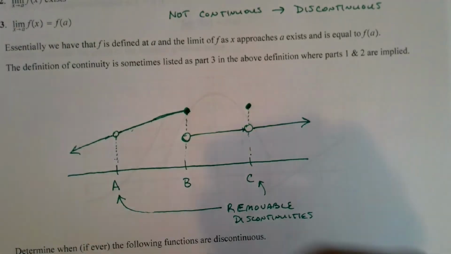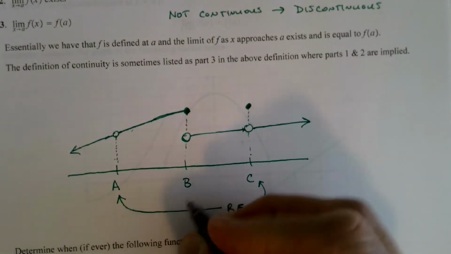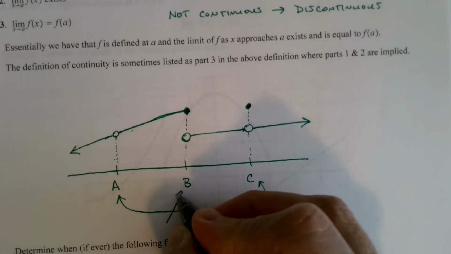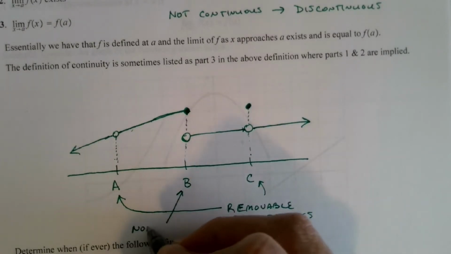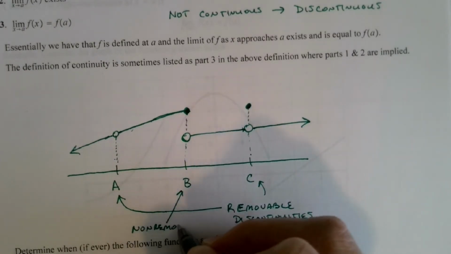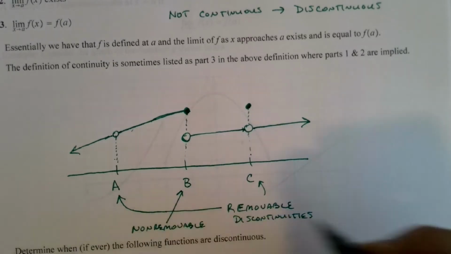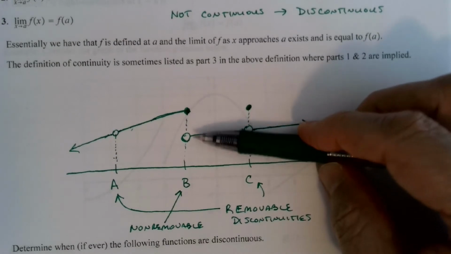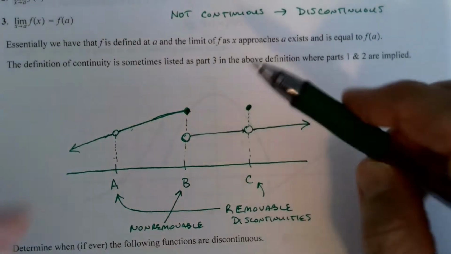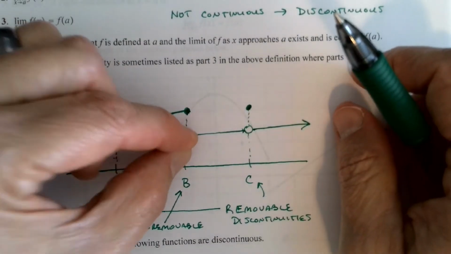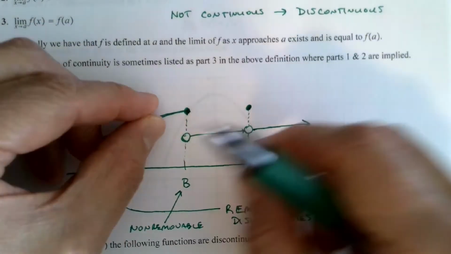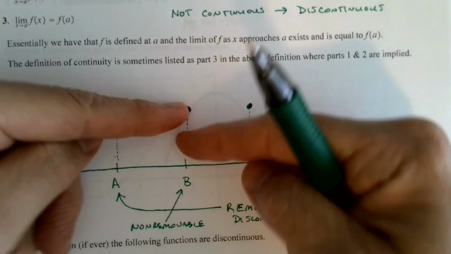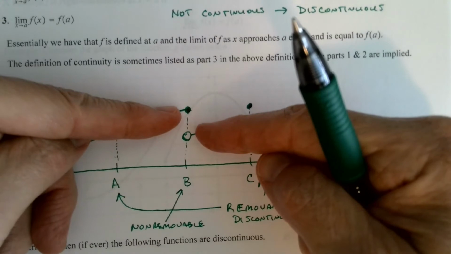Okay? Well, if these are removable, we say B is a non-removable discontinuity. And the problem is, it is not easy to fix this problem. It's not like I can just take one point and fill it in the hole or move a point. I have to do what? I need these two pieces of the graph to connect.